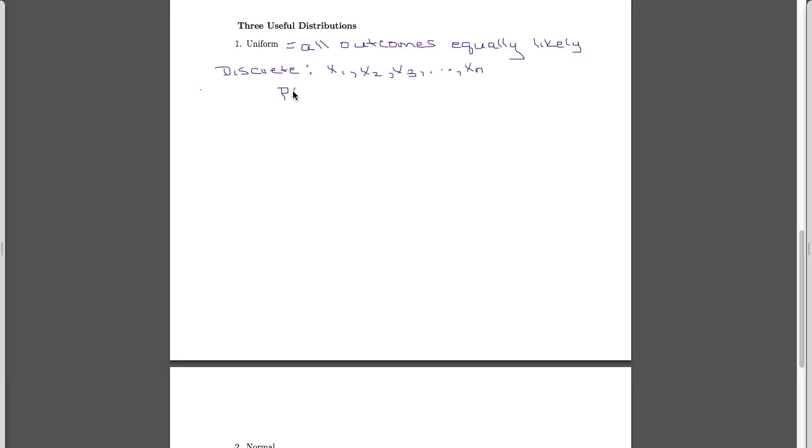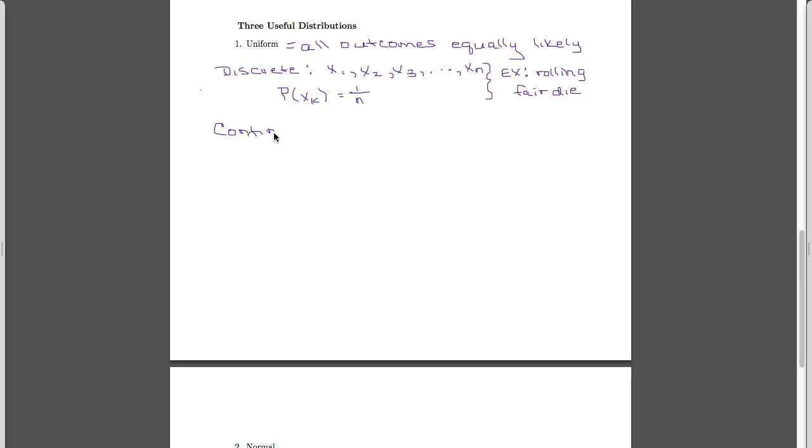Then the probability of any of those, so let's say the probability of some x sub k, well, if we've got the n outcomes and they're all equally likely, then the probability of any one is 1 out of n, so 1 out of total possibilities. A good example there is rolling a fair die. If we're rolling a fair die, the probability of any number landing face up is 1 out of 6, since there are 6 faces.